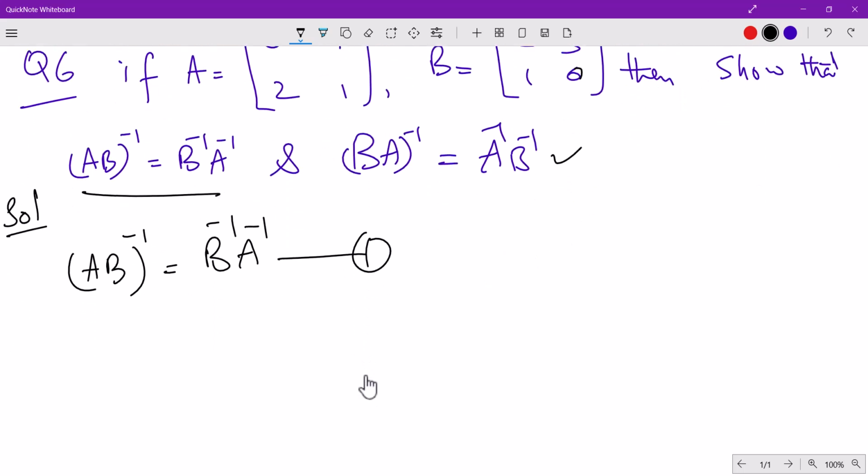Left hand side of equation number 1 is equal to (AB) inverse. Now (AB) inverse is equation number 2.